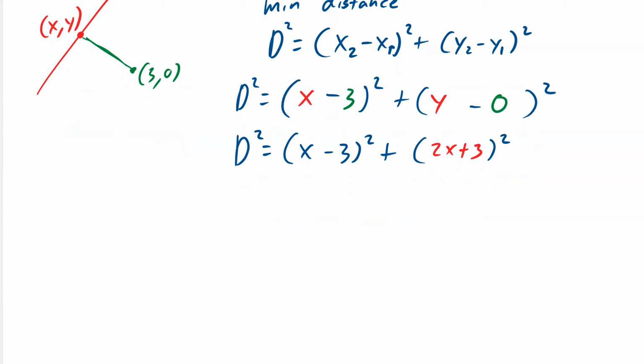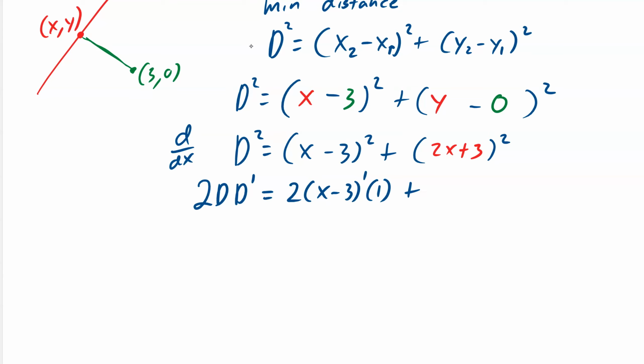Now, taking the square root would allow us to do this explicitly, but we're going to do it implicitly because it's a little bit less complicated. So this would be 2d, d prime, because remember it's not an x, we're taking this with respect to x. And then this would become 2 times x minus 3 to the power of 1, we're using chain rule, times the derivative of the inside, plus 2 times 2x plus 3 to the power of 1, derivative of the inside, chain rule.